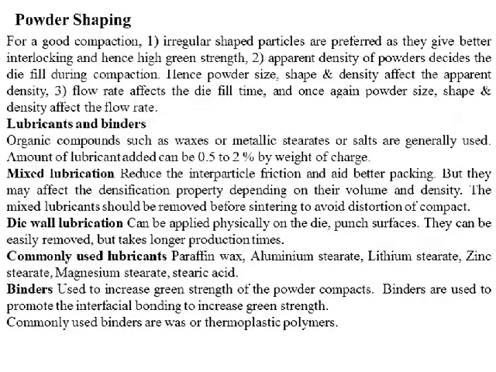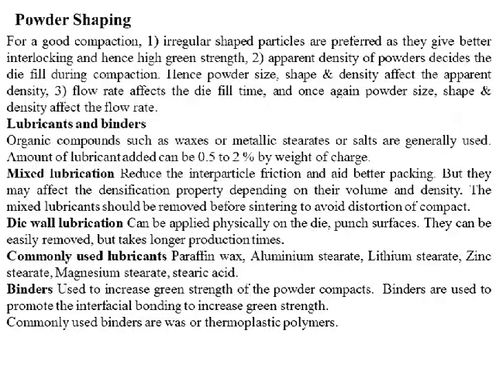For good compaction, we also require powders which have apparent density. The apparent density of the powders will decide the die filling during compaction. Hence powder size, shape, and apparent density are very important.